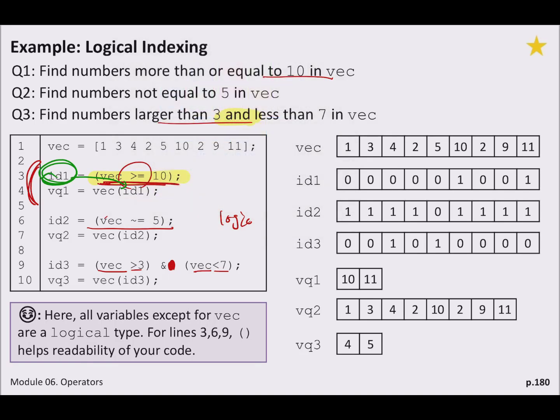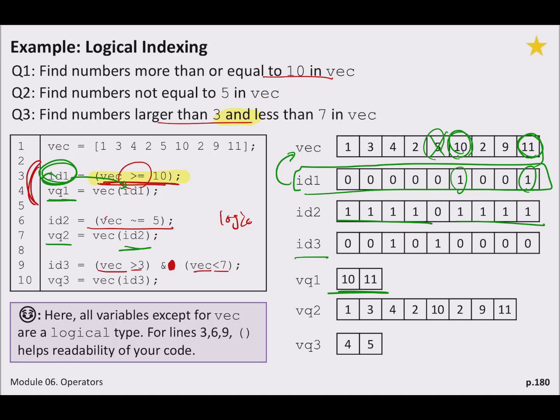If we plug in this index vector to vector 1, it only reads the 1 locations. That's why VQ1 becomes 10, 11, because we read only the values at those locations. What about ID2? ID2 is this one, so we read all values except for 5, right? And ID3 the same.